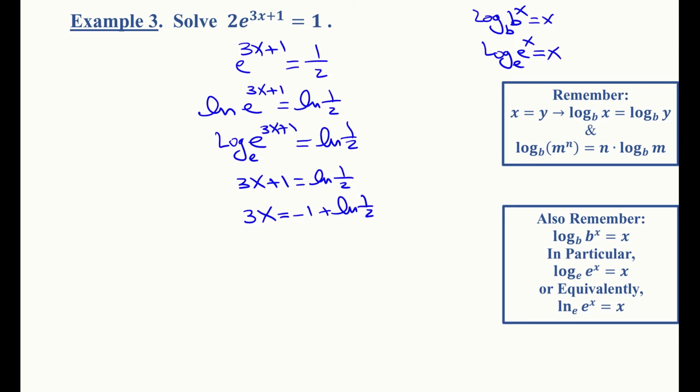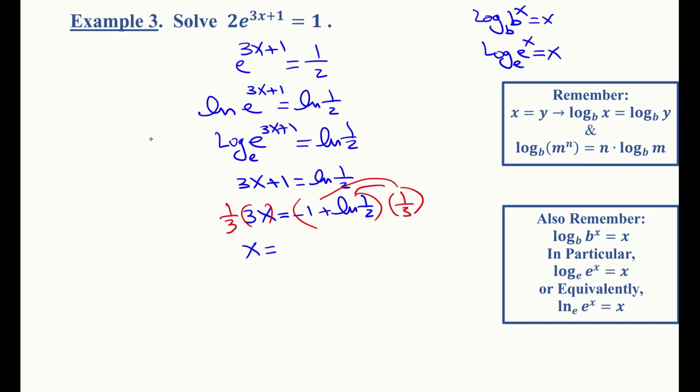So now we're just going to multiply both sides by 1/3. So in this manner, and of course here we will distribute. So be careful to never distribute into the argument of a log. So here we're just going to end up with x on the left side.